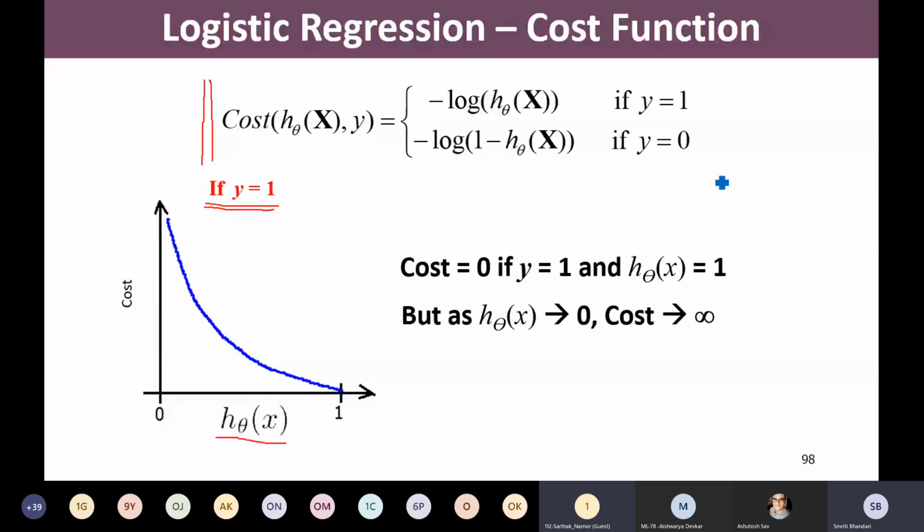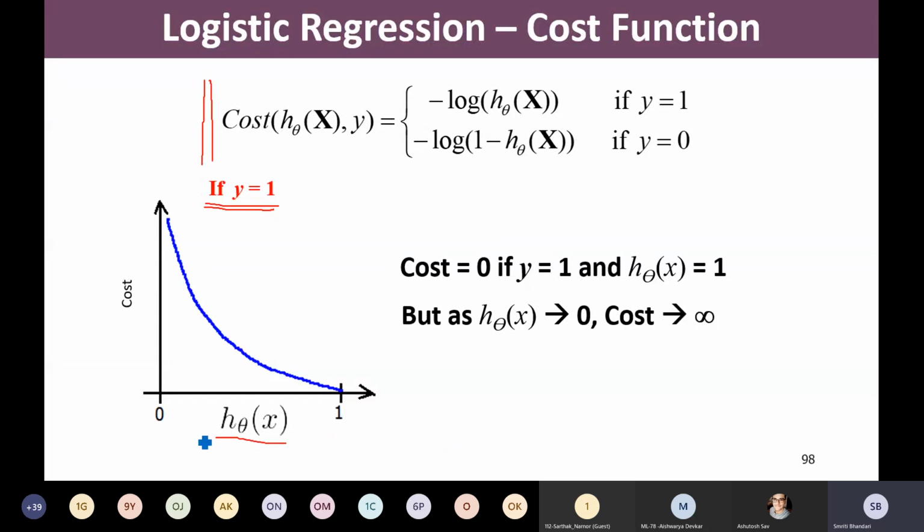In fact, our hypothesis h theta x, which is a sigmoid function, we have seen this earlier, but just once again for your understanding, that sigmoid function is providing us a value that is between 0 and 1. It is not exactly 0 or exactly 1.